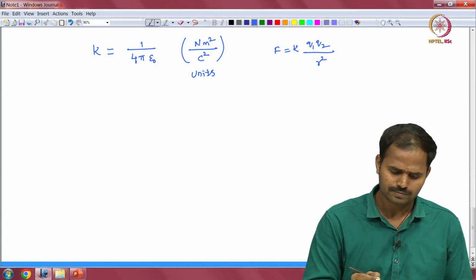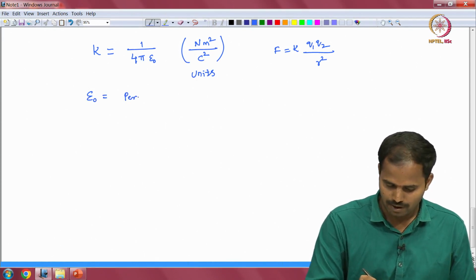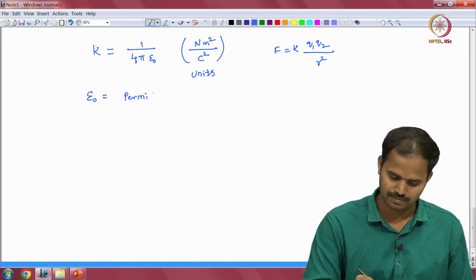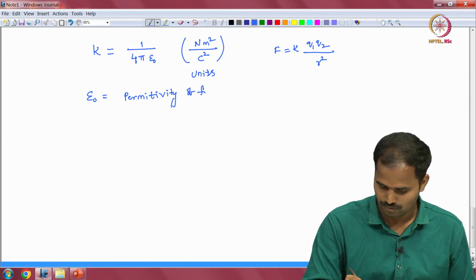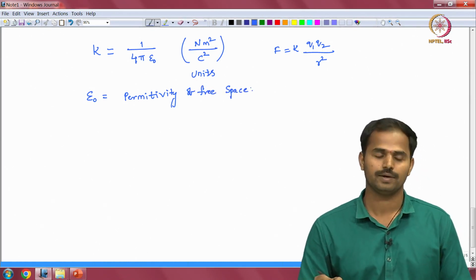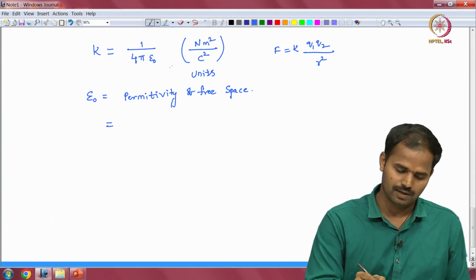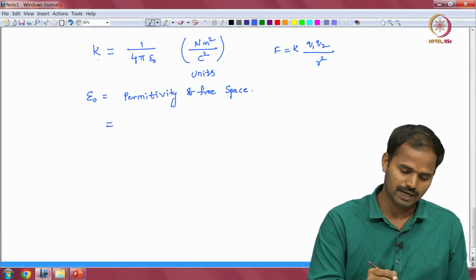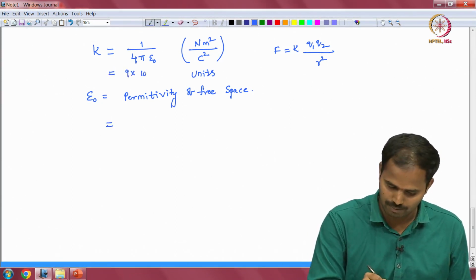Here epsilon naught equals the permittivity of free space. Just bring all terms to this side, and Coulomb's constant's value is 9 into 10 power 9.